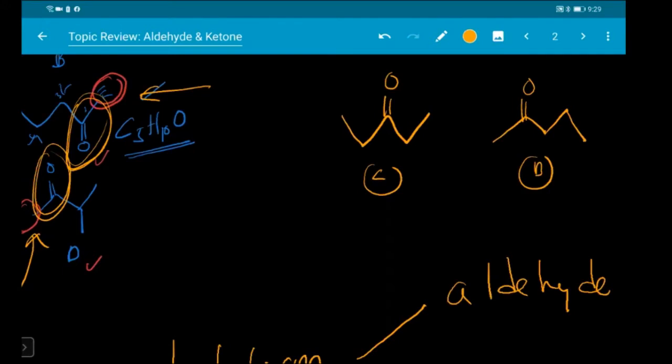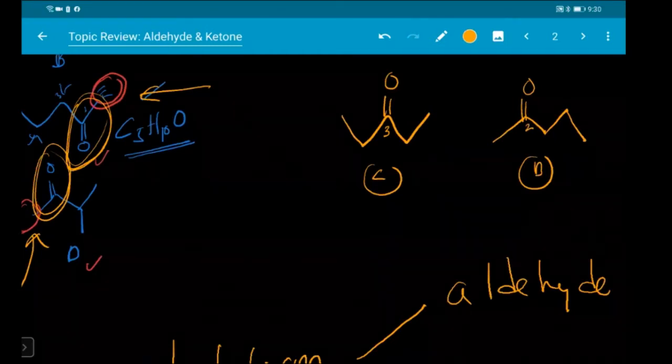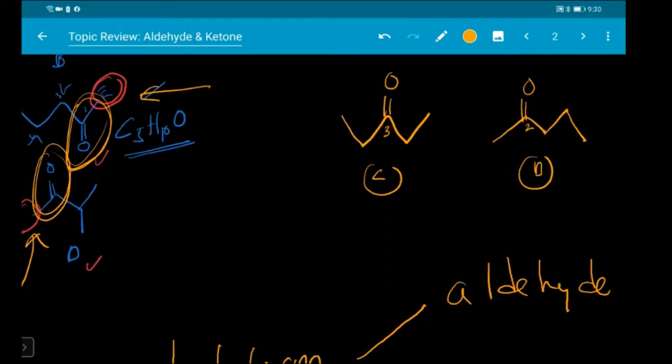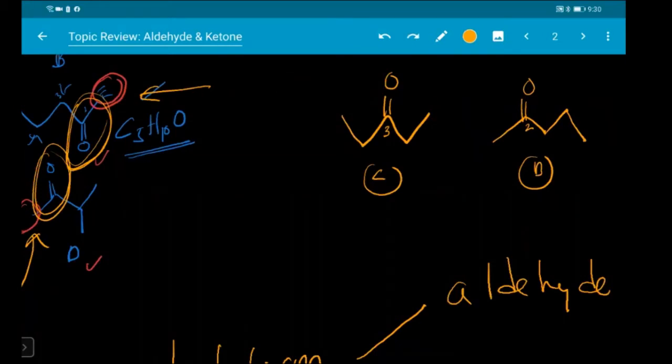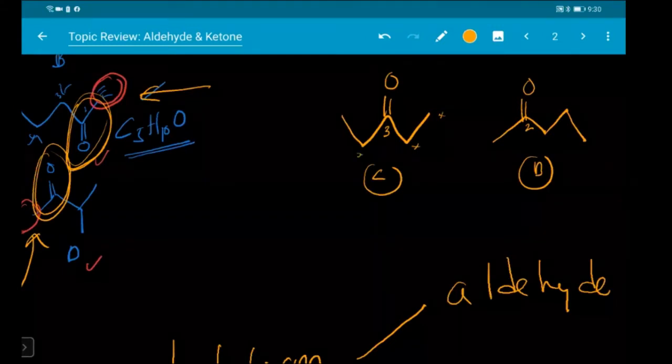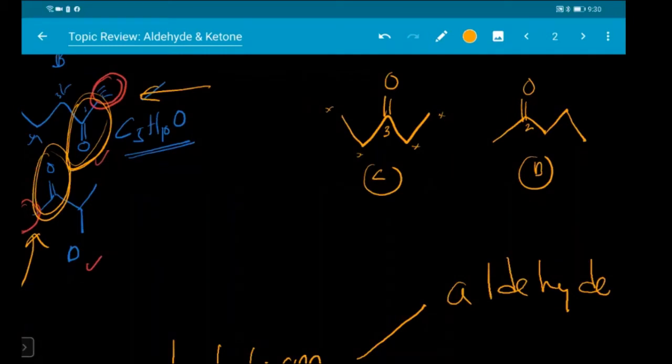Cuma sekarang ni C, kalau tengok C ni, the C double bond O is located at carbon number 3, while for B is carbon number 2. Alright. So, kita tengok C, sebelah kiri dengan kanan, there is not a single methyl group. Kita tak tengok yang sebelah sini, kita tengok it as a whole. So, dekat carbon nombor 3 ni ada CH2, CH3. Belah kiri dia pun ada CH2, CH3. Alright. Ini tak kira sebagai methyl group.